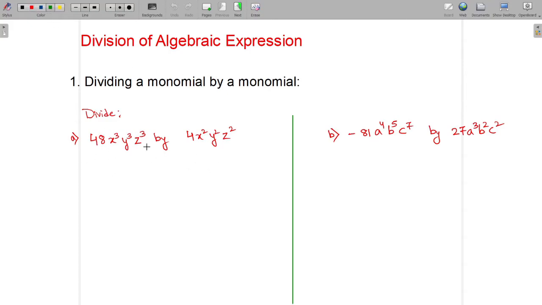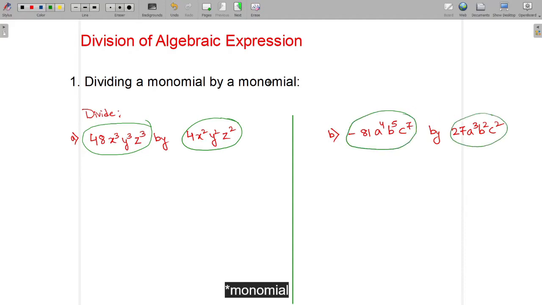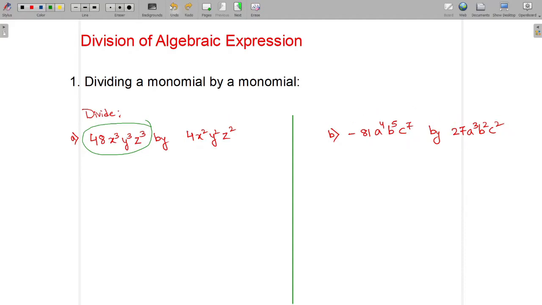So you can see I have taken two questions out here. This is one polynomial getting divided by another polynomial. Same thing out here. So what will we write? 48 x cube y cube z cube is getting divided by 4 x square y square z square.